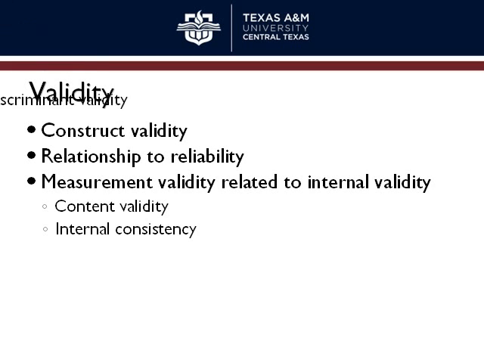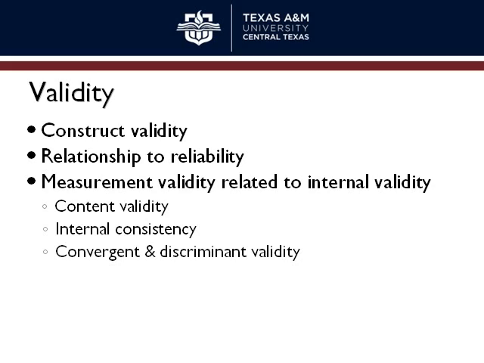Okay, so content validity, internal consistency, and then convergent and discriminant validity. These two are looking at how your measure relates to other measures of other constructs. Convergent validity says that the results, the data, should converge with other measures of the same construct.